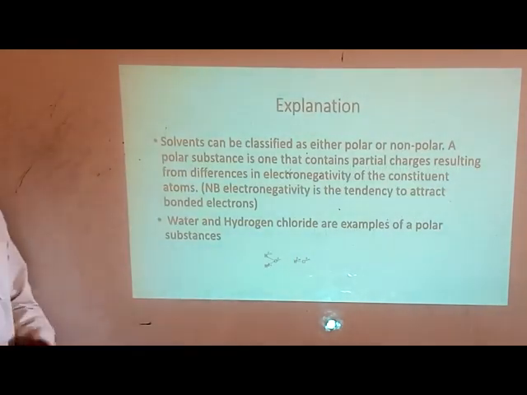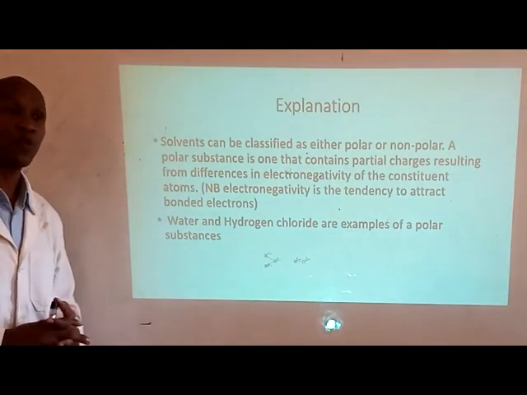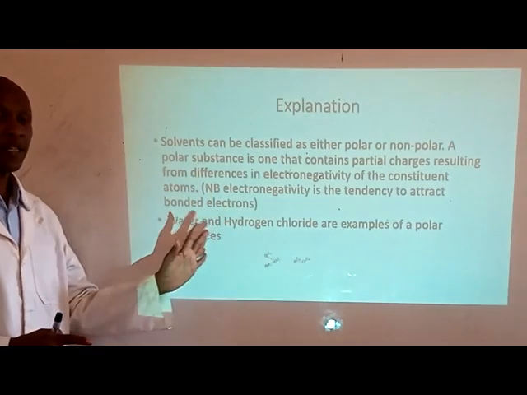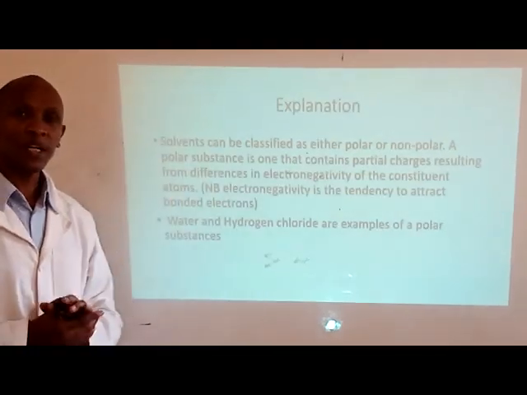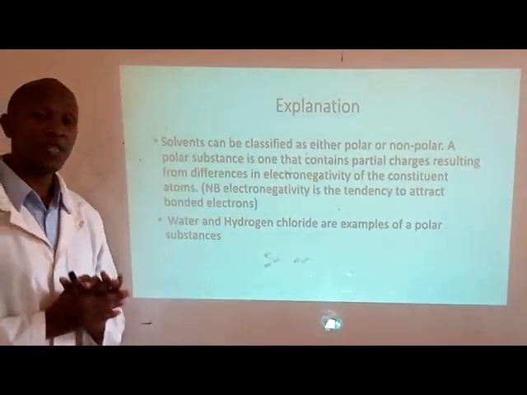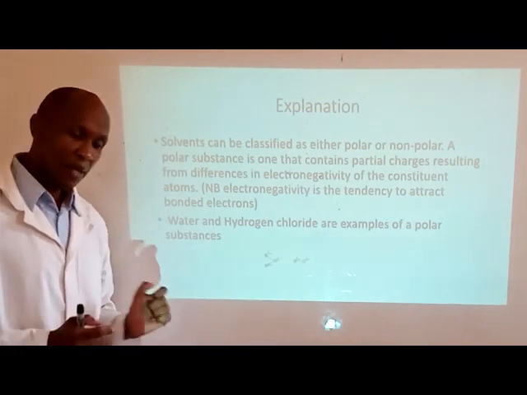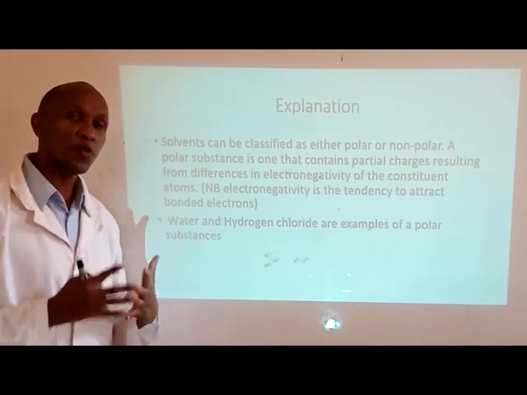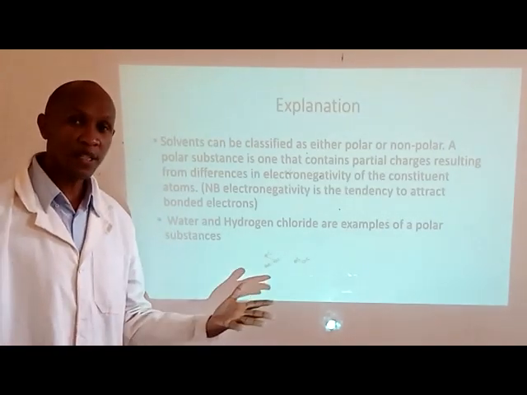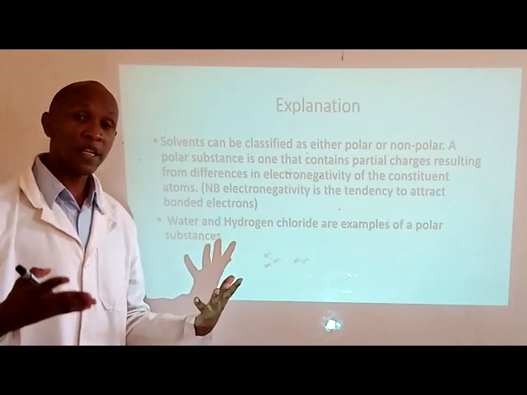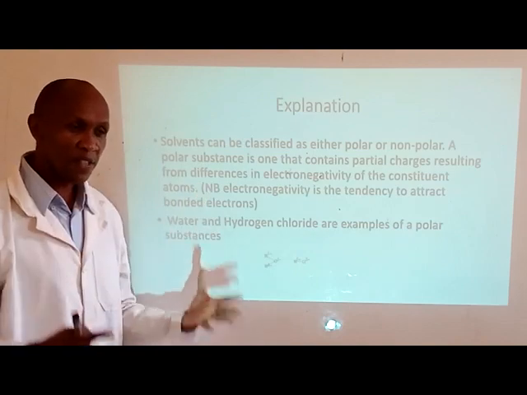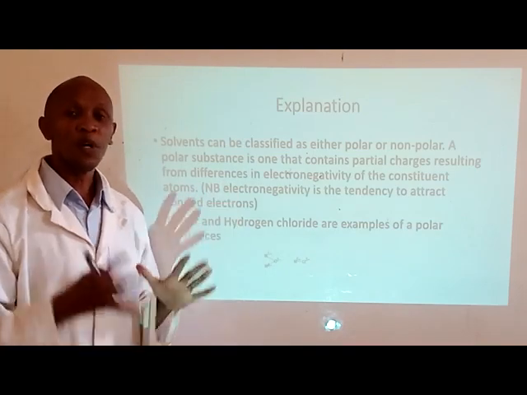All right, and therefore we realize, and that is an important observation, that the solution in water conducts an electric current. The solution in methyl benzene or ethanol is not conducting an electric current. Now remember that the conductivity in a solution is due to what we refer to as mobile ions, because the conductivity in metals is due to delocalized electrons, but the conductivity in solution is due to mobile ions.